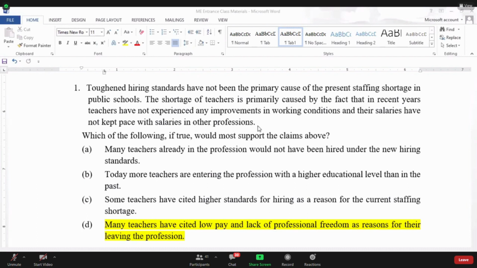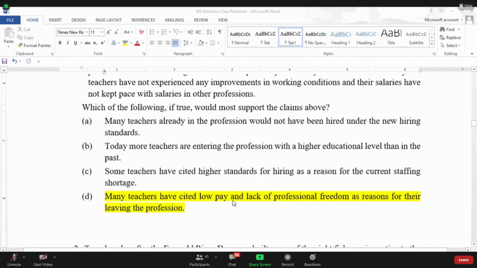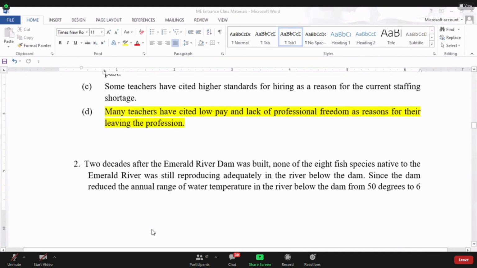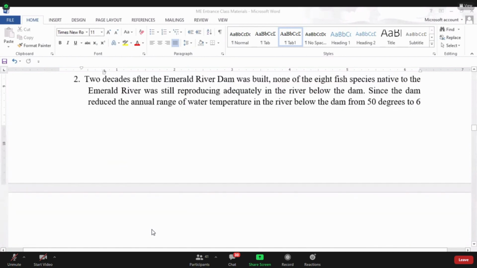In comparison to other professions, their salaries have not maintained their pace. I mean their salaries are low. Many teachers have cited low pay and lack of professional freedom as reasons for leaving the profession. Yes, D. Now move to passage number 2.